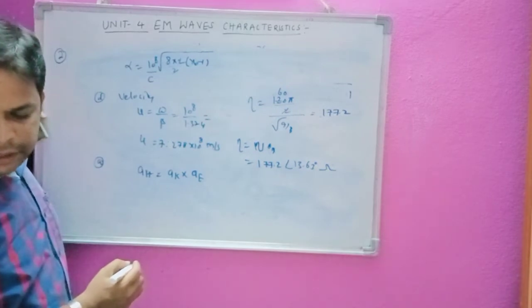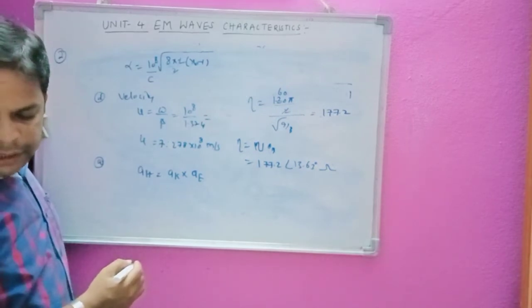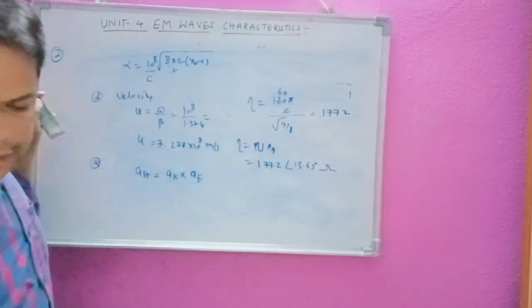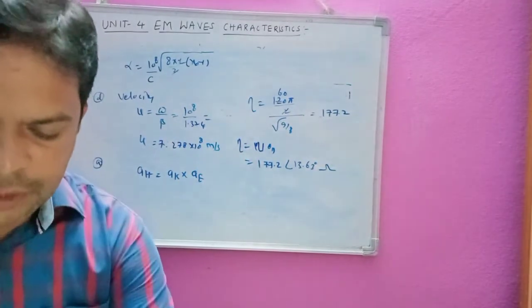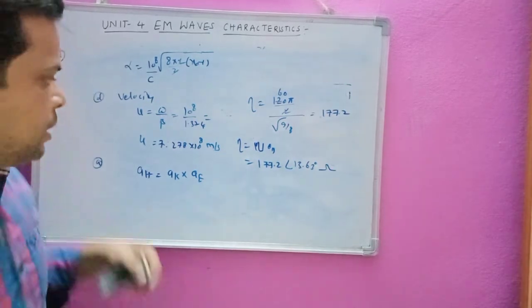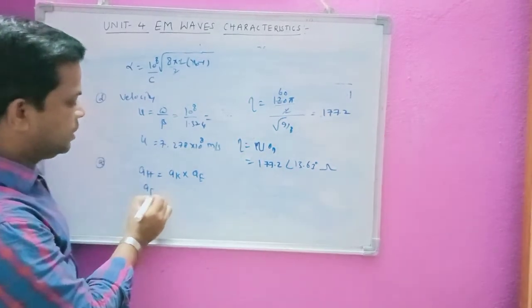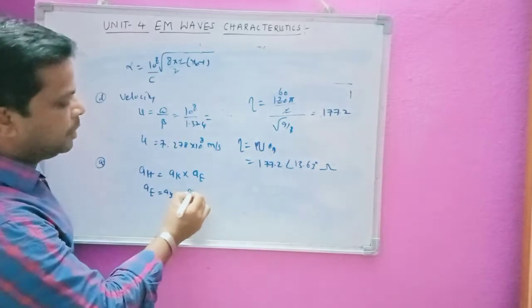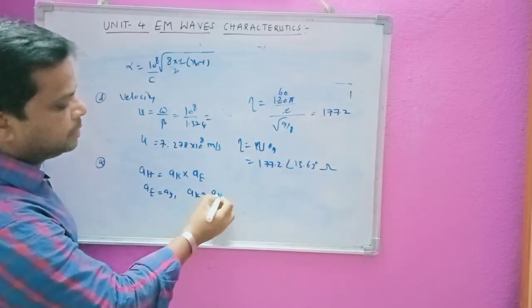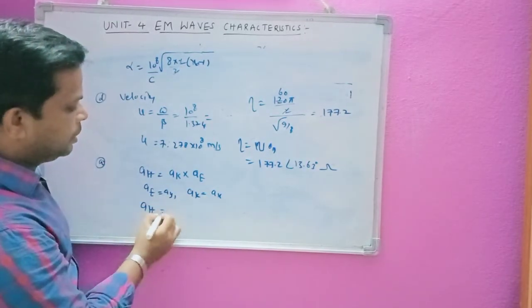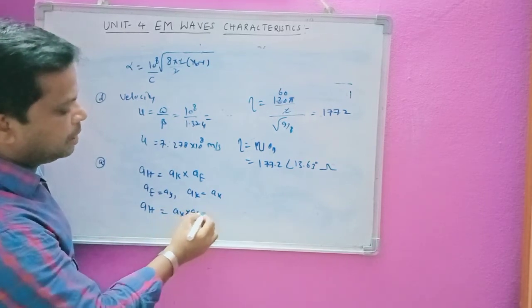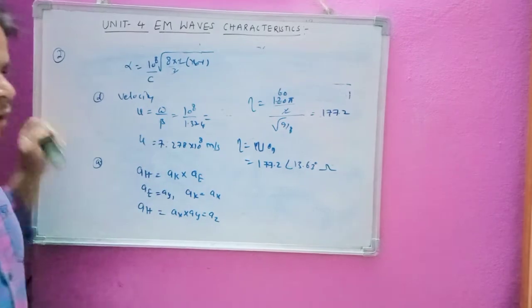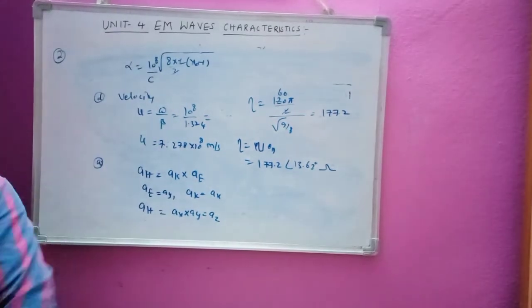In the question he has given the direction of electric field aE as aY, and it is propagating along the positive x direction. So I can write aH is equal to aK, that means aX cross aY, that will be equal to aZ. Now we have got the direction of aH also.